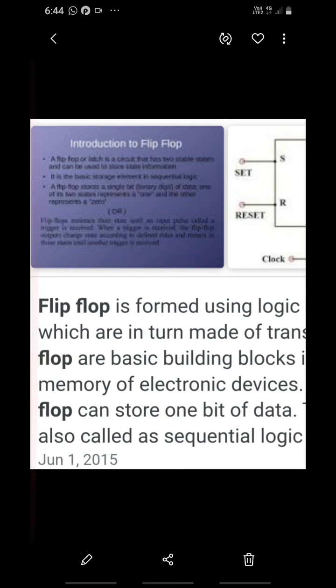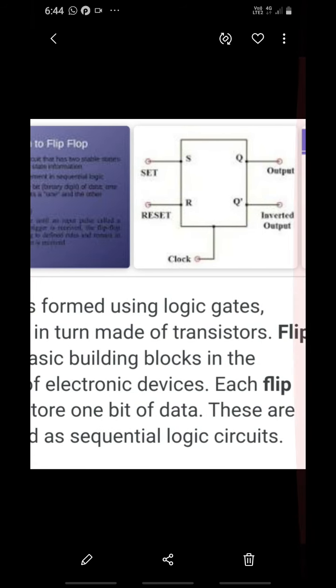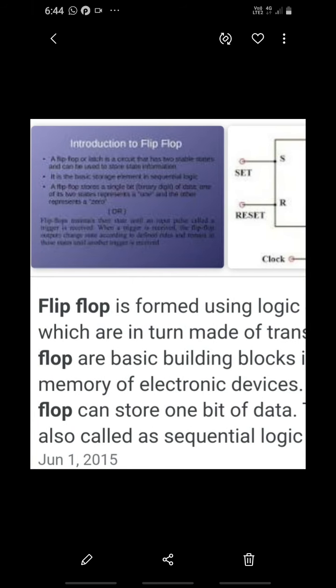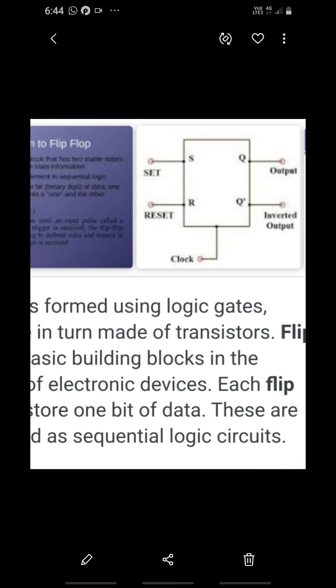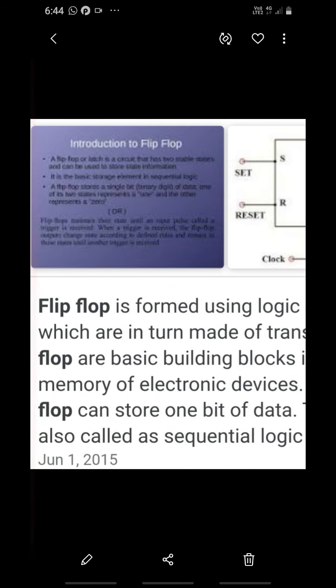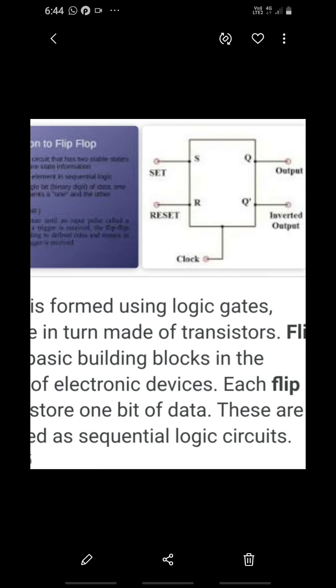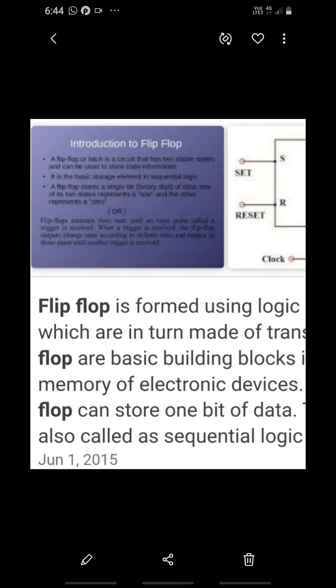Flip-flops are basic building blocks in the memory of electronic devices. Each flip-flop can store 1 bit of data. These are also called sequential logic circuits.